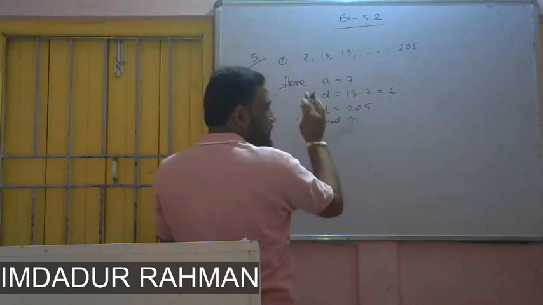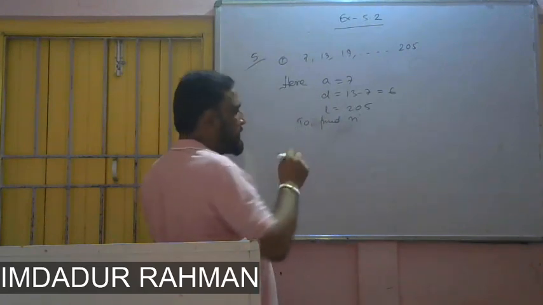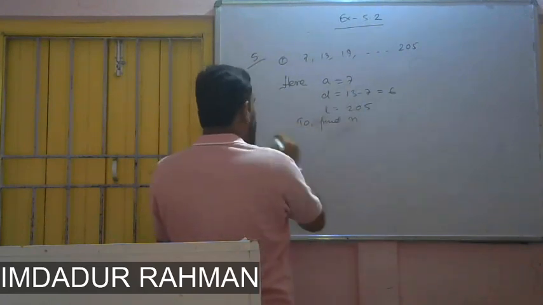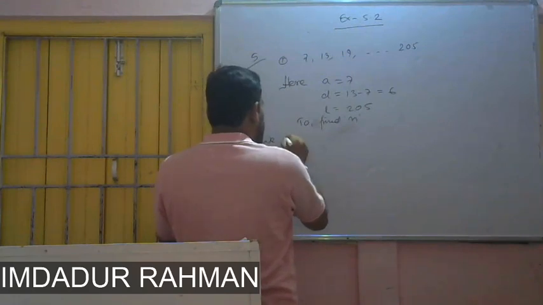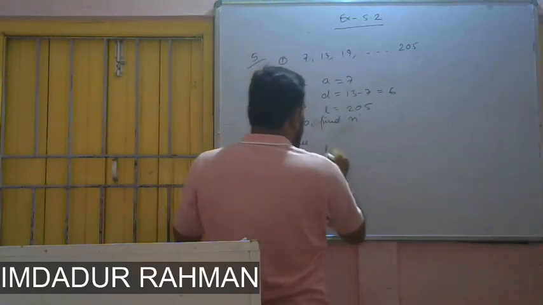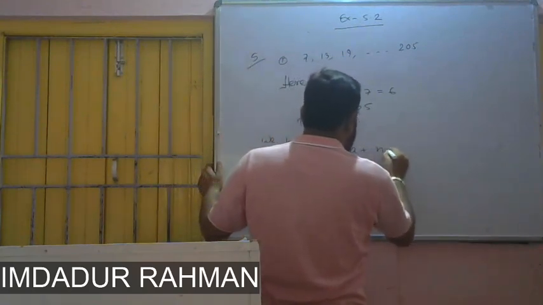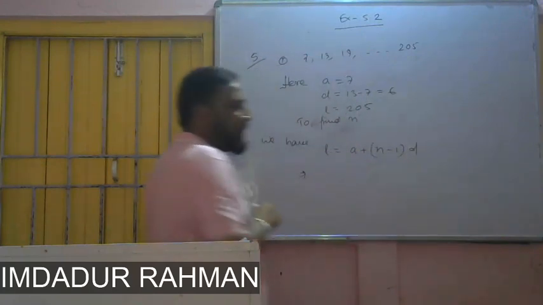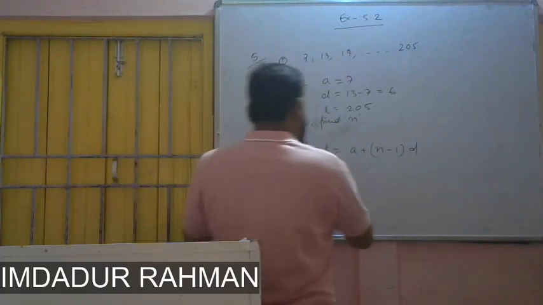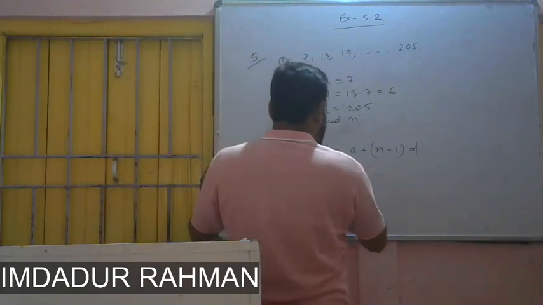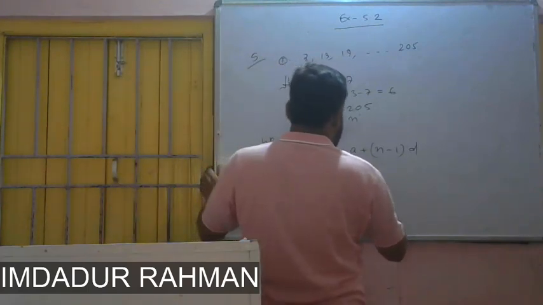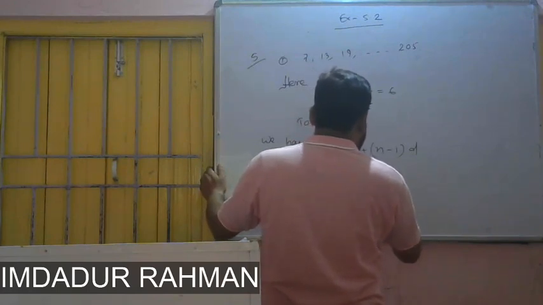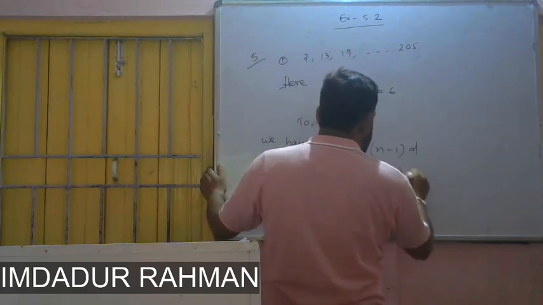So here we will use the formula of L, not a_n, because L is given. We have L is equal to A plus (N minus 1) into D. What is the value of L? 205 is equal to A, how much? 7, plus (N, we don't know, minus 1) into D, which is how much? 6.